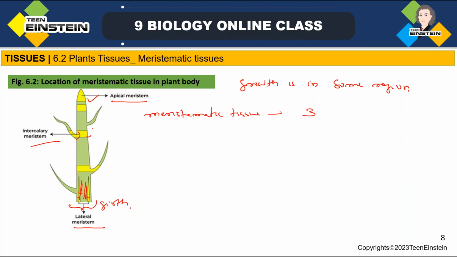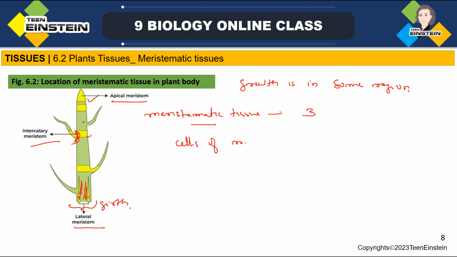Then intercalary meristem, which you can see in some plants, is located near the node.